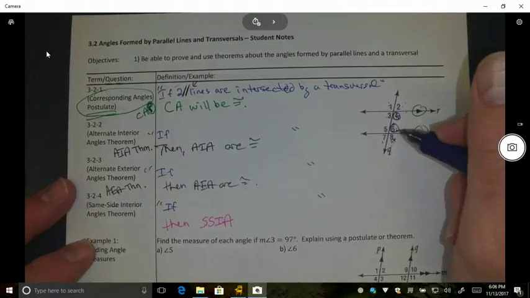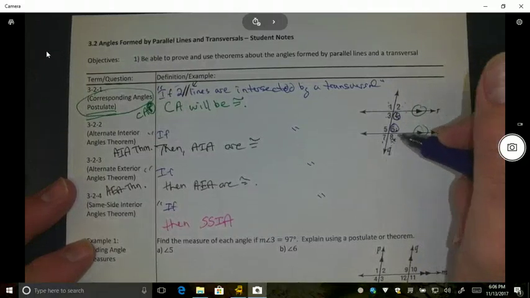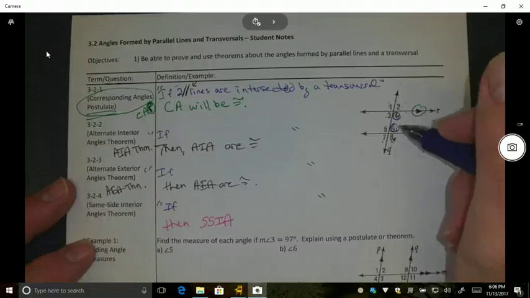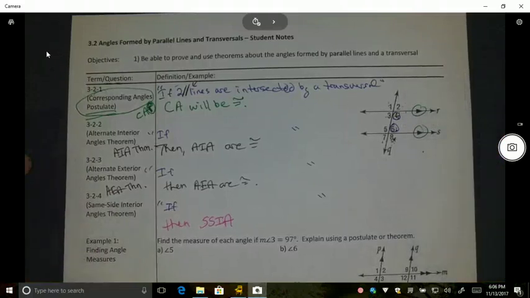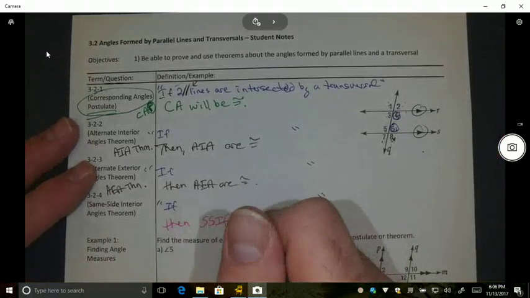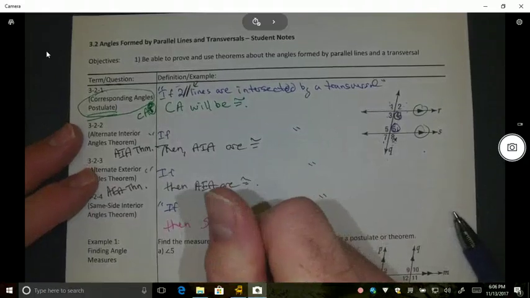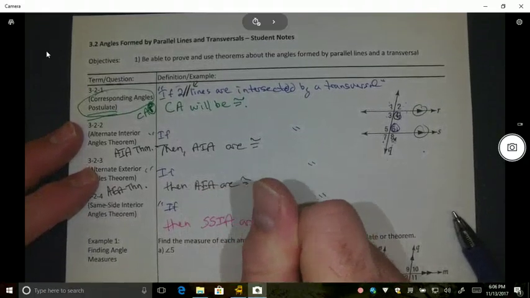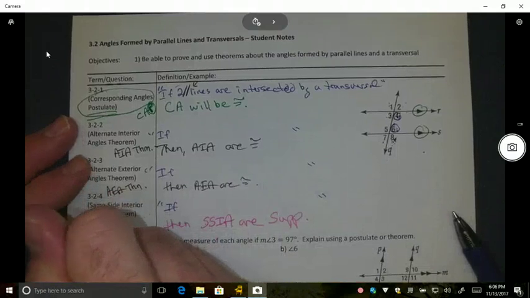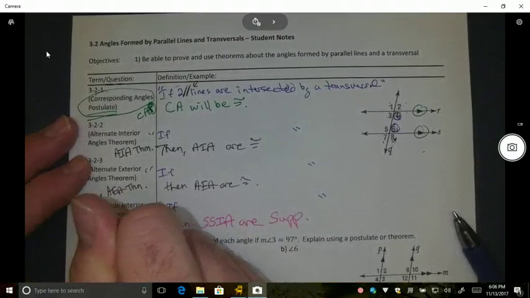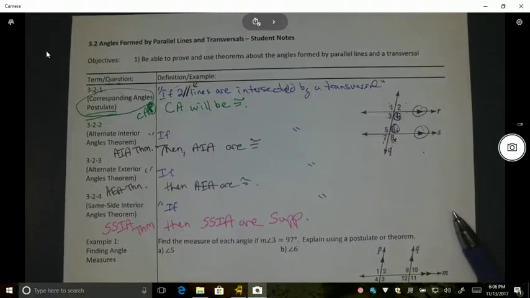They're a linear pair, so they're going to be supplementary. Well, if 8 and 6 are supplementary and 8 and 4 are congruent, then 4 and 6 are also going to be supplementary. So same side interior angles will be supplementary. This is the SSIA, same side interior angle theorem.